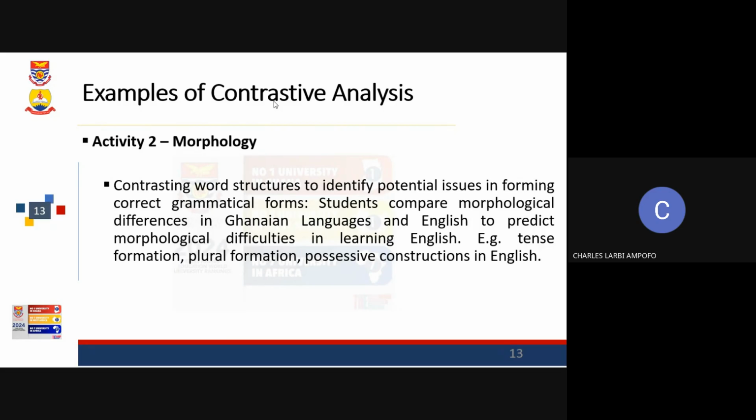So in terms of forming past tense, what are the similarities and differences that will help you identify the difficulties the learner is likely to encounter? Also, plural formation, I've spoken about it. Possessive constructions, I've also spoken about. So I spoke about tense formation and plural formation, and also possessive constructions. Okay.